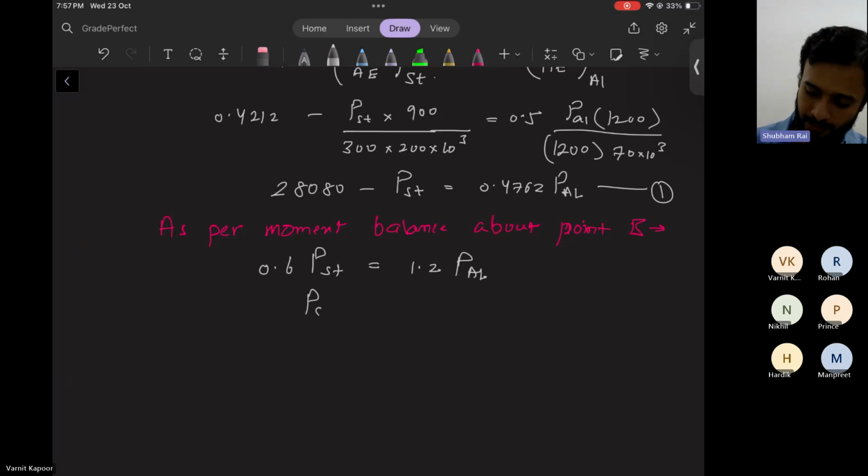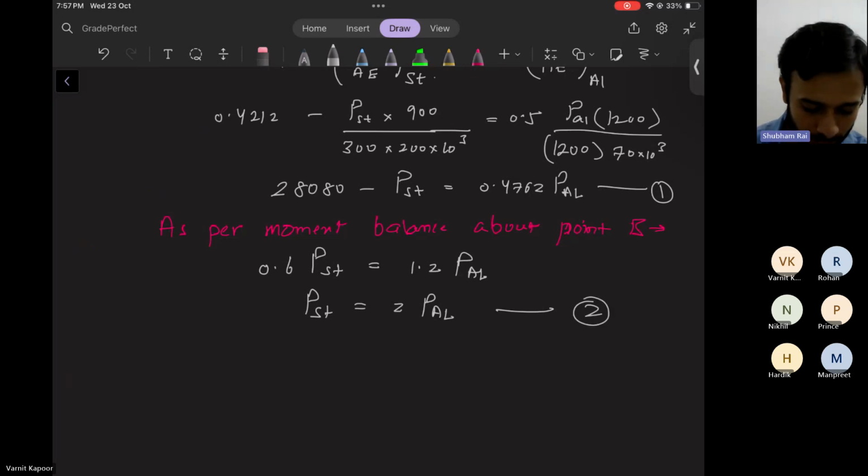So it means your PST should be equal to twice the load in aluminium. So this is equation number 2. Now you have two equations, two variables, you can solve. So if you solve, finally, what will you get?